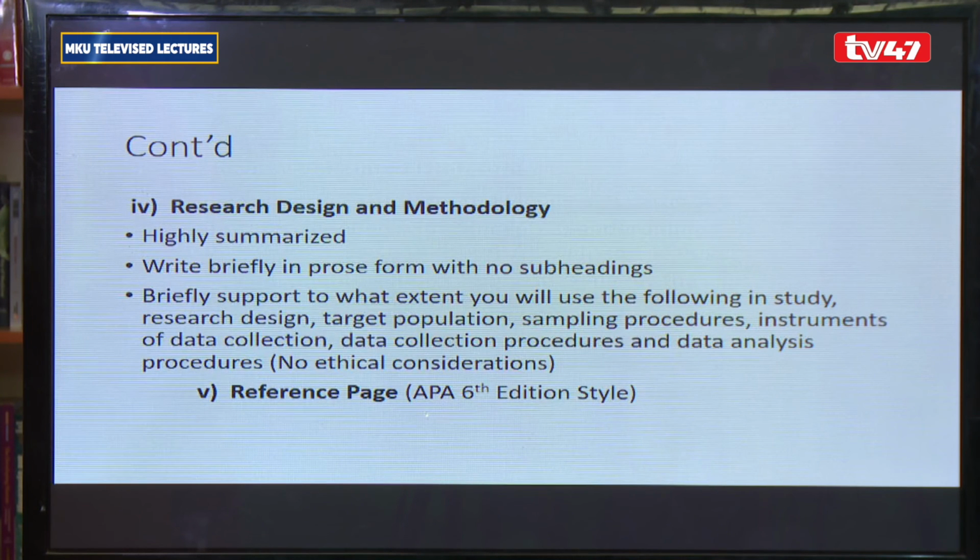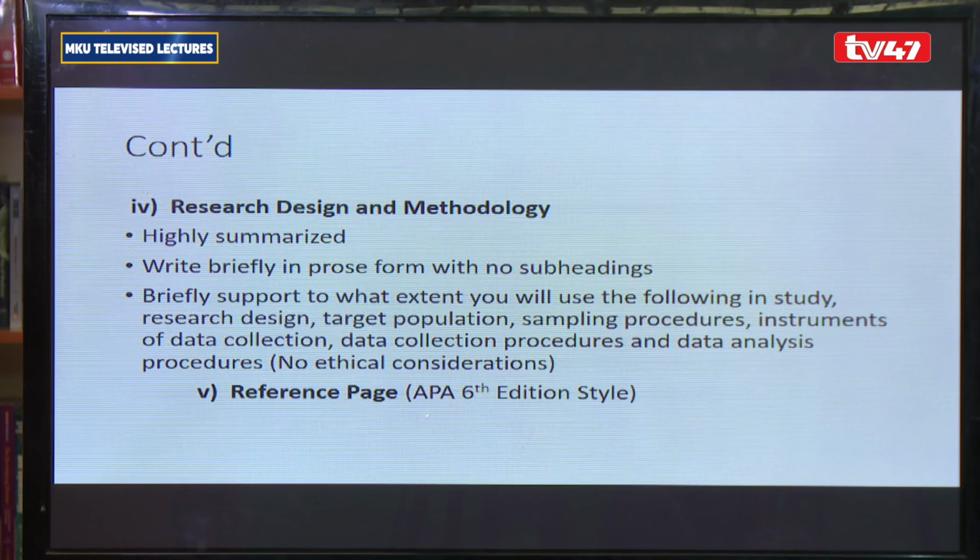And the fourth section is the research design and methodology. This section should be highly summarized, because the concept paper is not a long document. It's not a huge document. It has 10 to 15 pages, plus and including the references. Therefore, this is highly summarized. You write briefly in prose with no subheadings.